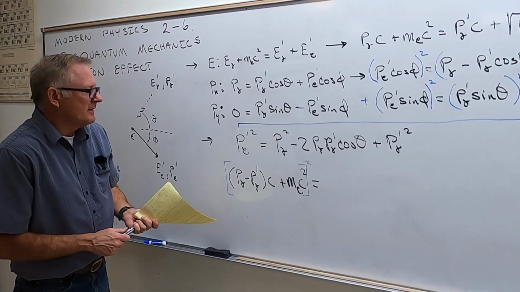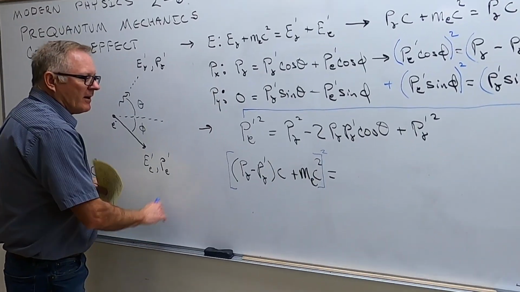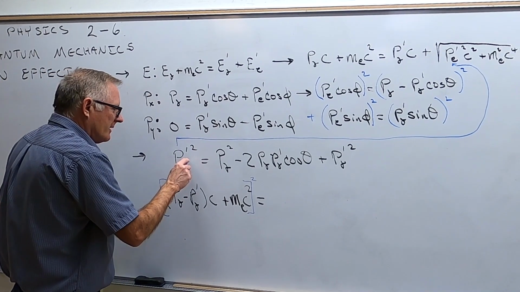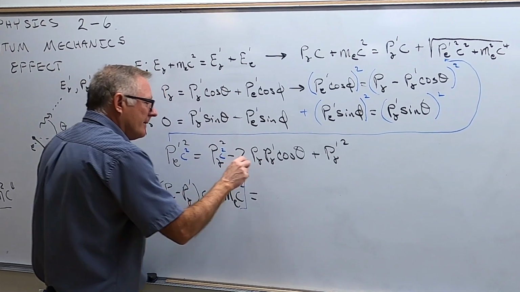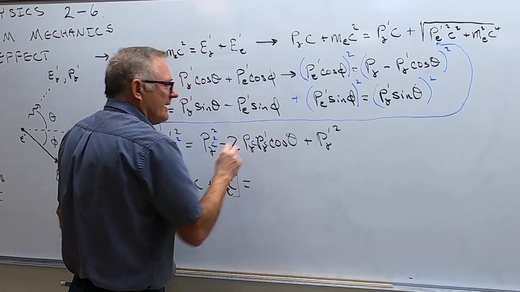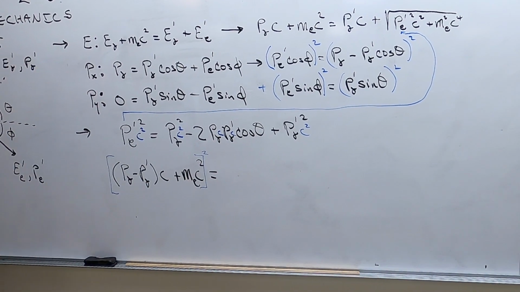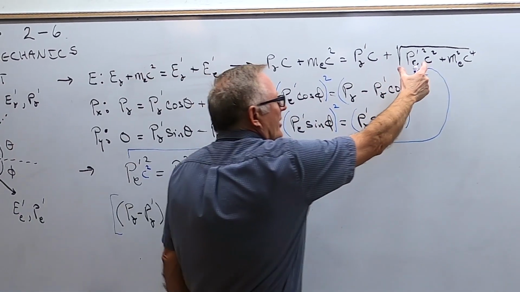And you notice I have a PE prime squared. What I'm going to do here is multiply everything by C squared, so if I put a C squared here, how about a C and a C? That's C squared, and a C squared. So this is all of that term right there.